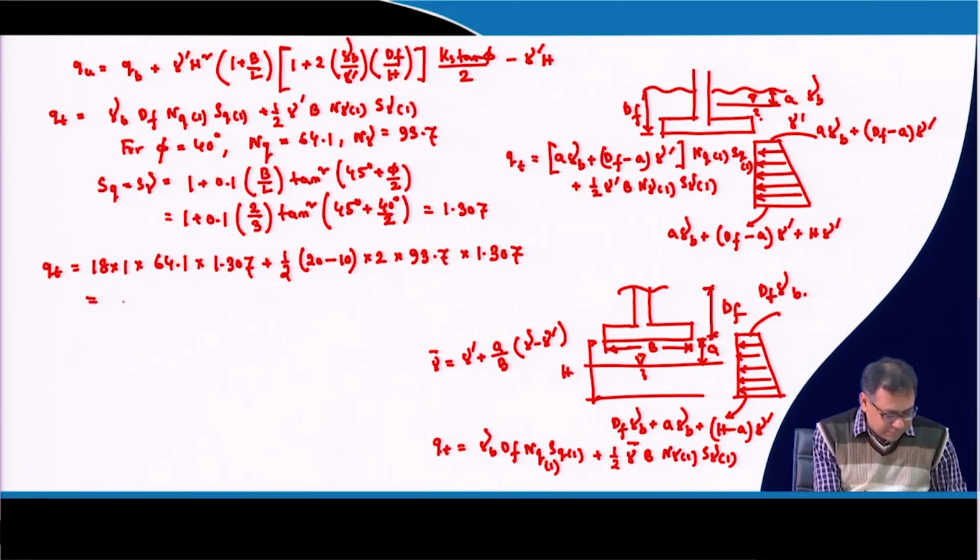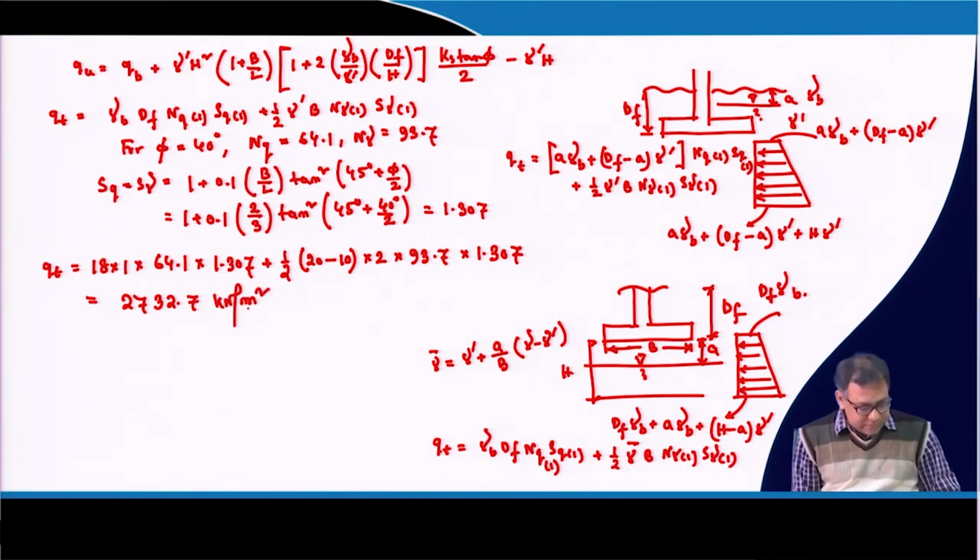So it is 2732.7. This is the limiting value of bearing capacity; the bearing capacity of this layer of soil should be within 2732.7 kilonewton per meter square.